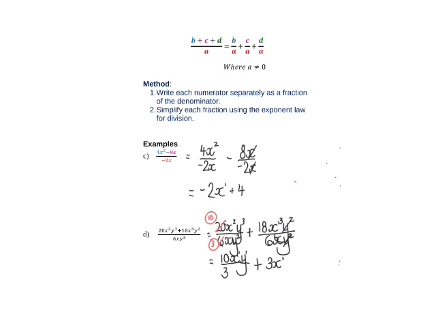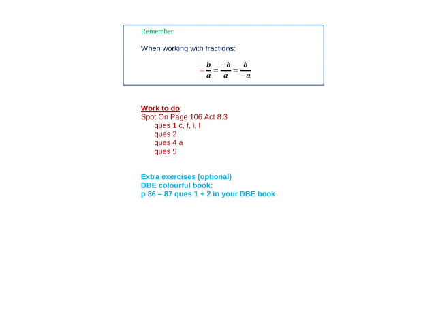Anything times 1 remains the same. So in other words, this is the answer to this question. And then remember, when you're working with fractions, a negative can be written in front of the fraction, or in the numerator, or in the denominator.